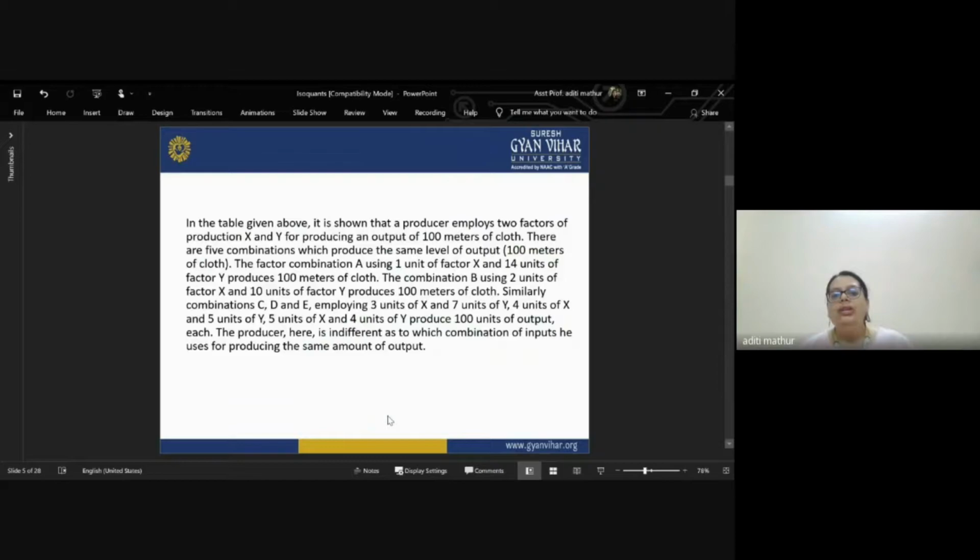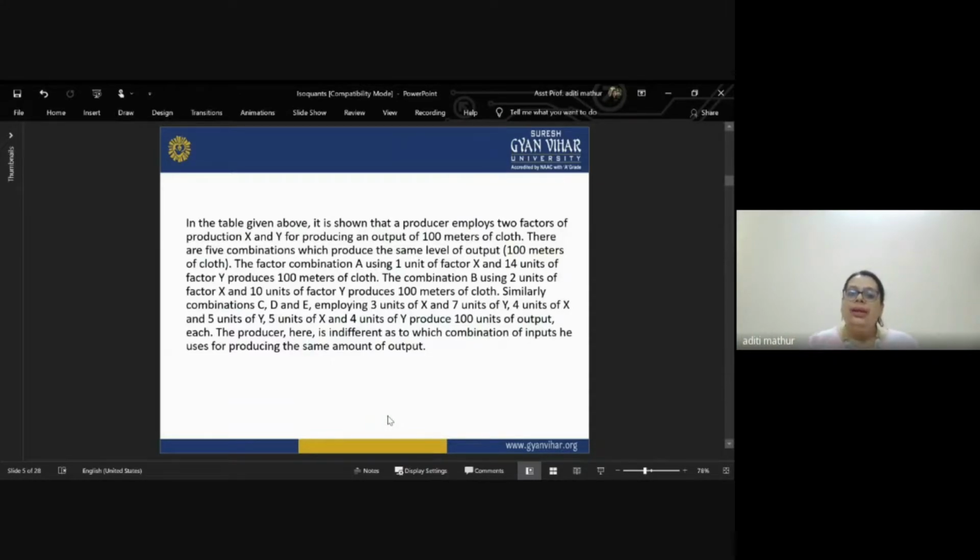For combinations C, D, and E, we use 3 units of X and 7 units of Y, 4 units of X and 5 units of Y, and for E, we use 5 units of X and 4 units of Y to produce the same level of output, that is 100 meters.